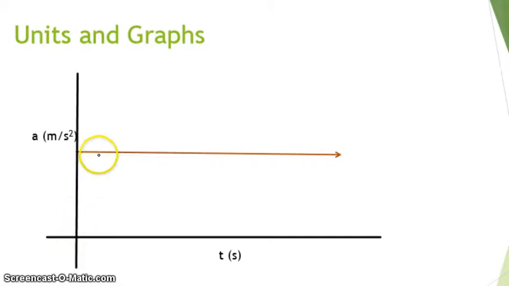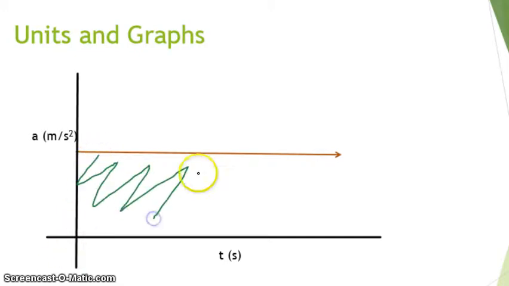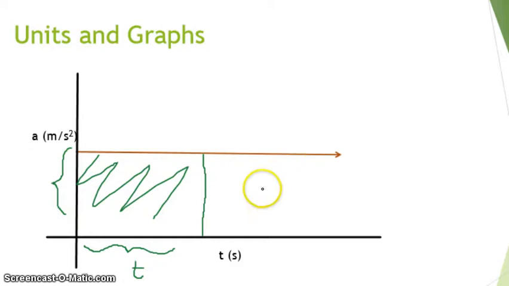Instead of looking at the slope, let's look at the area under the graph. At any given time, it looks like that area under the graph is going to give us a nice rectangle. The area of a rectangle is base times height. There's our base. There's our height. So our area is going to be acceleration times time.